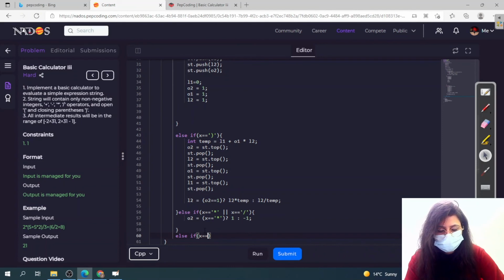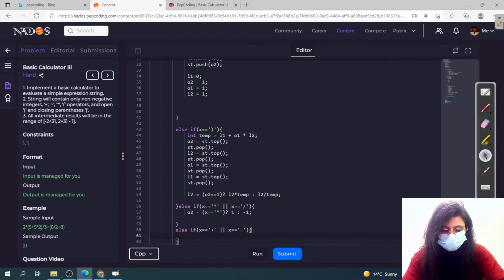Else if for the plus and minus operator, x equal to plus or x equal to minus operator, then what we will do?